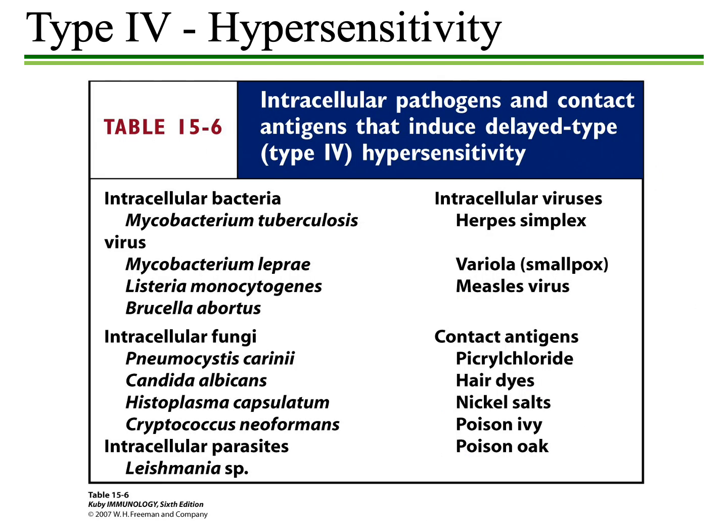And lastly, with this particular slide, this is a table that gives you some examples of components that do in fact play a role in type 4 hypersensitivity. Things that you might be more familiar with are things like poison oak and poison ivy. These are in fact components that cause this category or class of hypersensitivity.